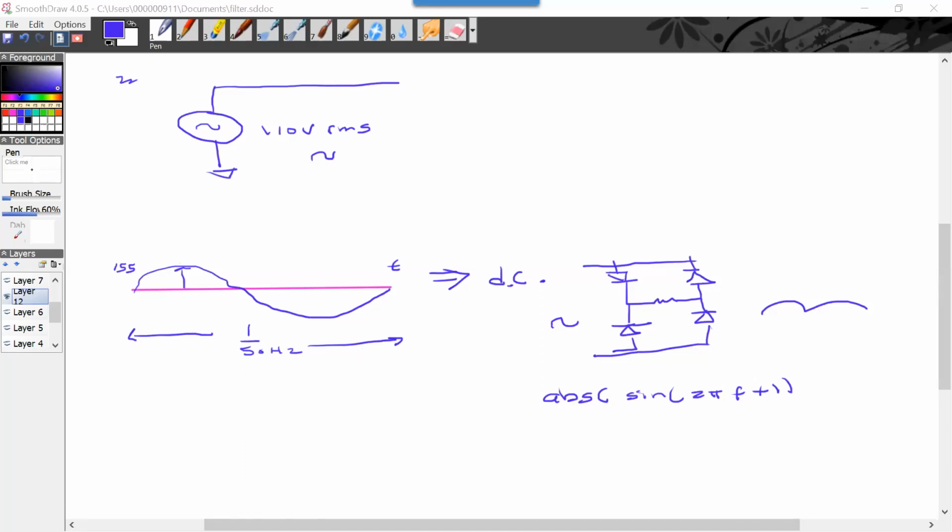So now we call this a DC because the average is greater than 0, or the average could be less than 0, whereas in the sine wave, the average equals 0, right? But that's not really good for most applications to have your power blinking off and on even at 50 hertz, okay?